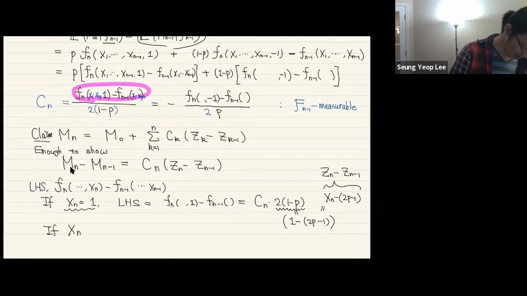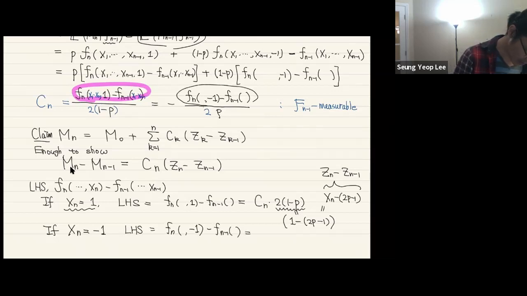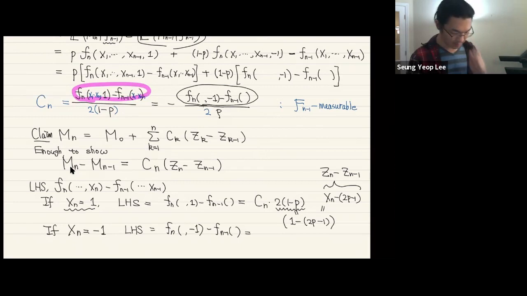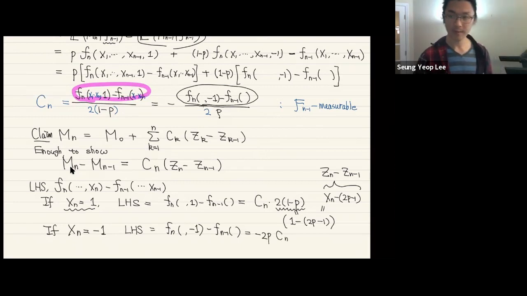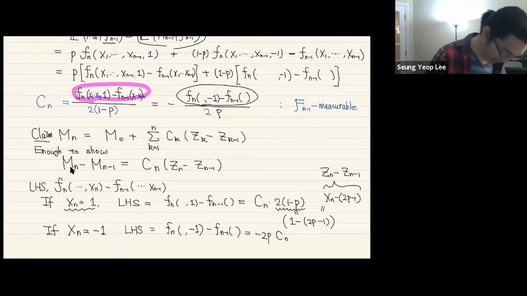Again, we do the same thing. If xn is minus 1, then the left-hand side becomes the same thing with the minus 1 at the end, minus Fn minus 1. So now I see this thing showing up. So it's minus 2p times Cn. And minus 2p is also minus 1 times 2p minus 1.